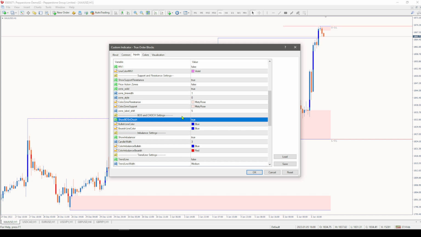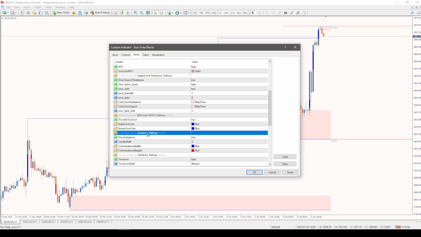Most people think that change of character means changing the trend, or that the market has changed, but I really focus on break of structure. I don't care whether the market is trending. That's all it is.